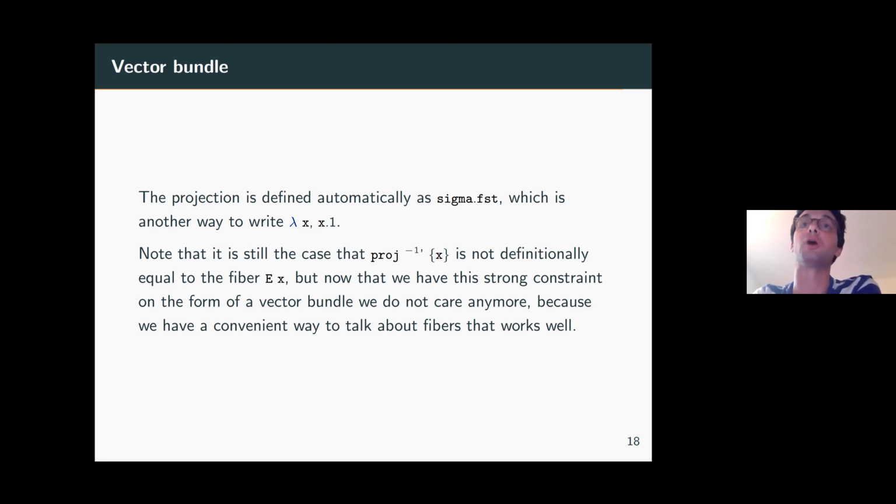But this is not a problem anymore, because we have this very strong constraint, and we have another standard way to talk about the fibers, and we can forget about the projection. We basically don't need to talk about the projection anymore. We only need the projection in order to recognize a vector bundle as a fiber bundle, but we avoid it in most statements.